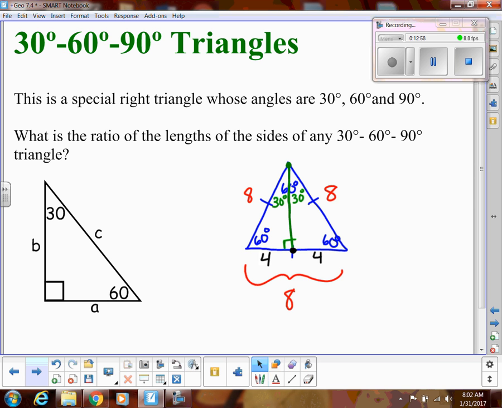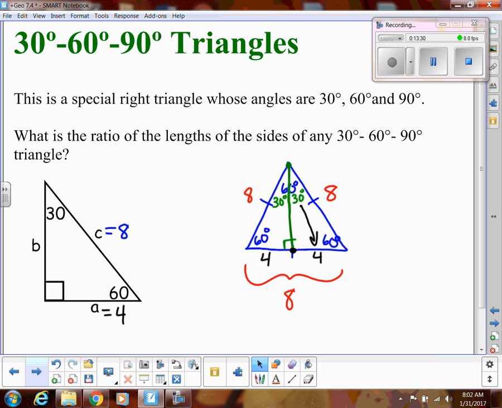So when we have a 30, 60, 90 triangle, notice that the side that was the equilateral triangle side is the hypotenuse of the 30, 60, 90 triangle. Okay, so that's like our C. So it'd be like if our C was 8. And then the 4, the part that gets cut in half, is across from that 30-degree angle. Okay, so this is going to be 4.